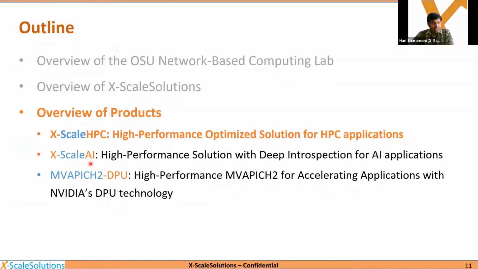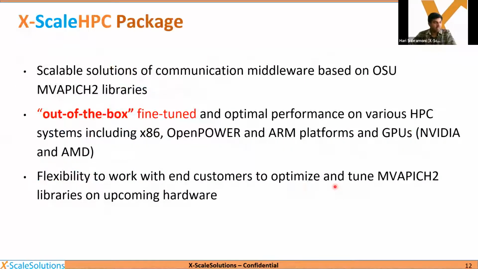Then Xscale AI, which is meant to provide optimized solutions as well as introspection support for deep learning and machine learning applications. And finally, MVAPICH2 DPU, which is particularly meant for accelerating applications with the new NVIDIA DPUs. I'll go into more details about each one of these products in the next few minutes.